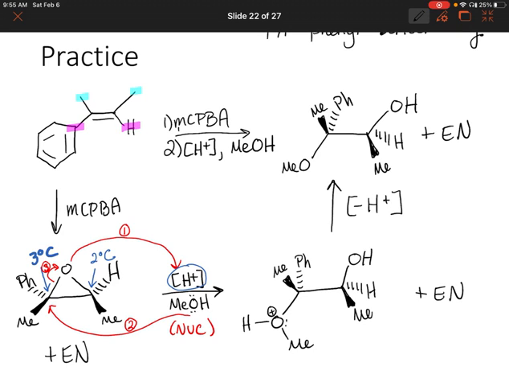Okay, so again, remember, under acidic conditions, if there is a tertiary carbon available, the nucleophile will attack that carbon. If there are no tertiary carbons, then the nucleophile attacks the least substituted carbon. Okay, let's do another problem.